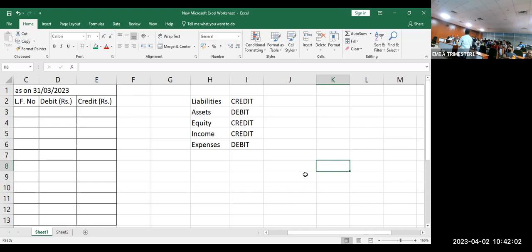Commission paid is an expense. The cash you are paying is a reduction in the asset. Cash is an asset, and you are releasing it in favor of someone else. So don't confuse these terms.